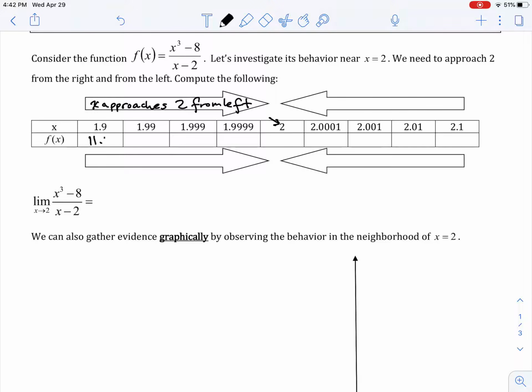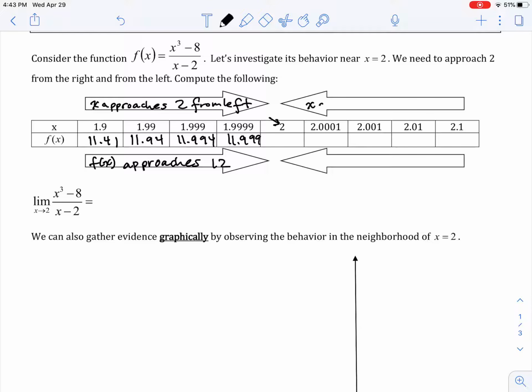And we should get these values. If you don't have exactly what I have, it could have been a rounding issue on my part, but hopefully this reinforces this idea. So ask yourself, as we're getting closer and closer to 2, what is f of x approaching? And you should see that f of x approaches, you guessed it, 12. It looks like it's getting really close to 12.